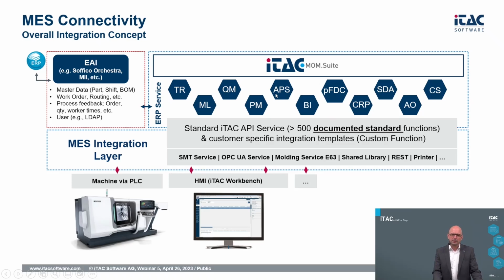And now the question is how to get this data down into the process. Therefore, we have an API service. API means application programming interface. You can imagine these are standard functions, and we have more than 500 of them, well documented in more than 2,600 pages.